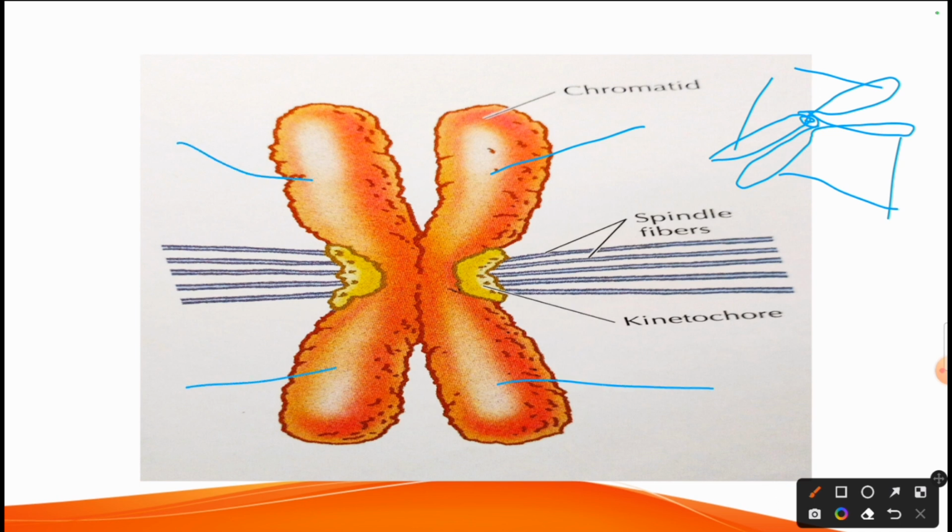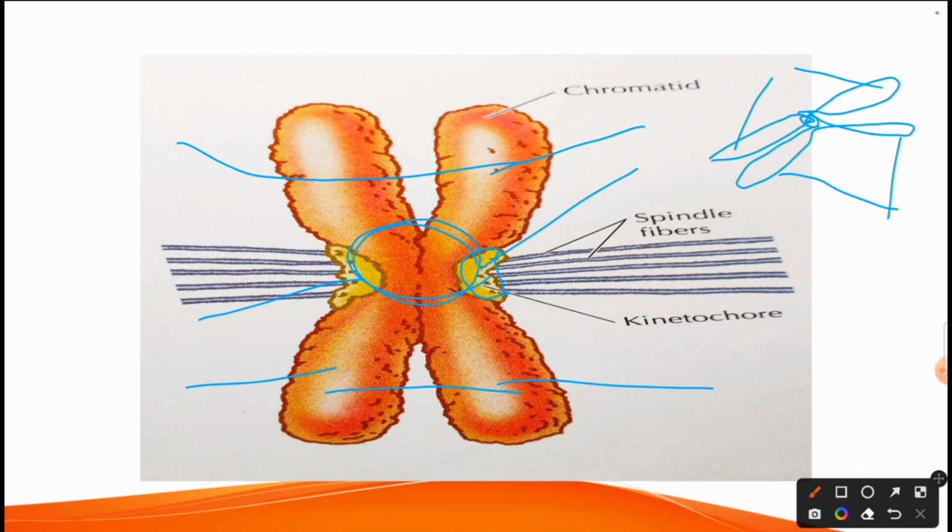Compared to the rest, this part is a constricted part, so it is the primary constriction or centromere. In this zone there is a disc-shaped kinetochore. This yellow part is the kinetochore, to which the spindle fibers are attached.